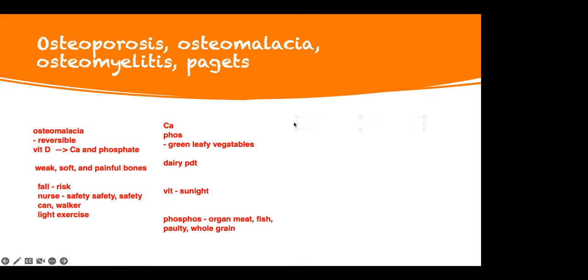The other one is osteomyelitis. It's an infection. This can be an acute or chronic issue. Who is at risk? Think. IV drug users.